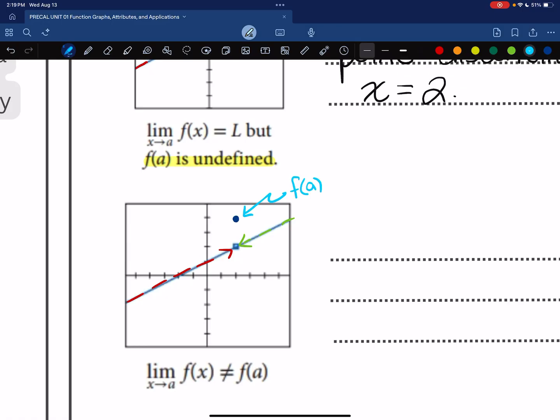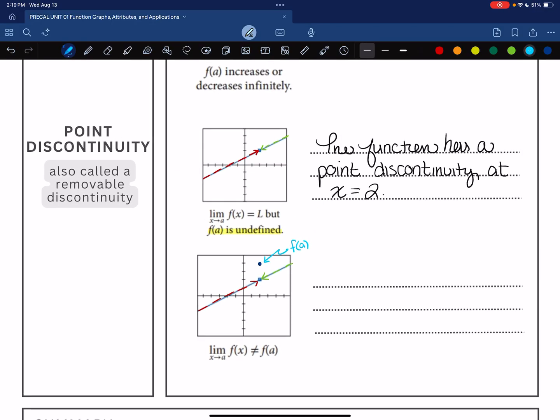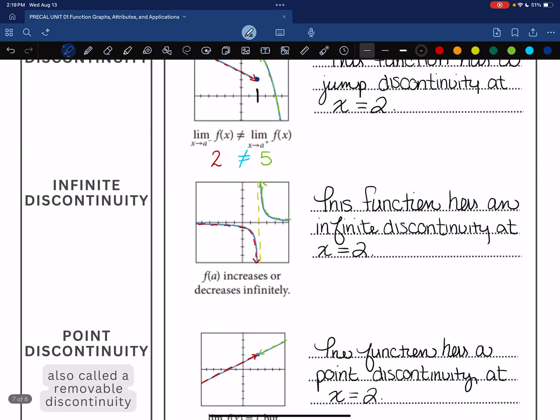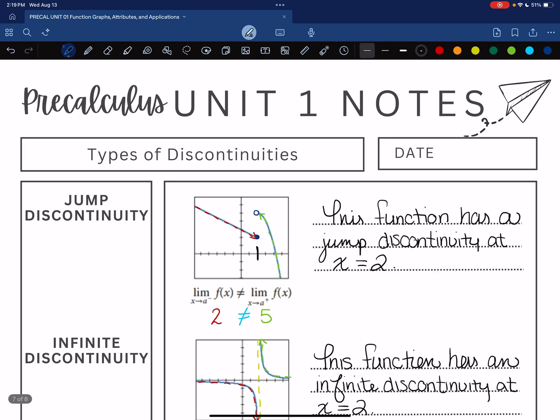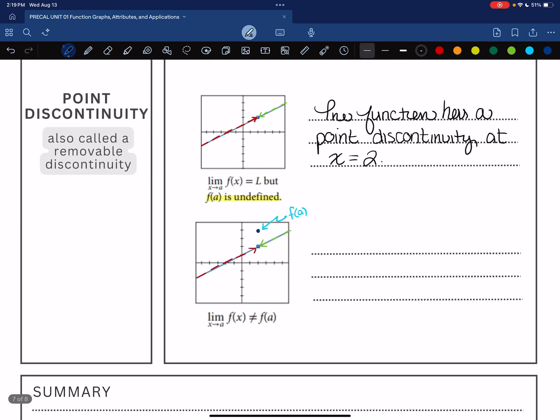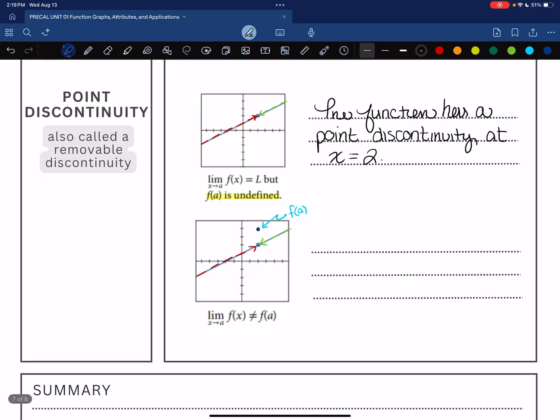It's like that hole, we moved it to another spot. That point got moved, which means that where my function is defined is not the same as what my limits from left and right are. And so that is not an example of a jump. Remember, a jump looks like this first one. If it's just one point that's pulled out and placed at a different height, then that's a point discontinuity.